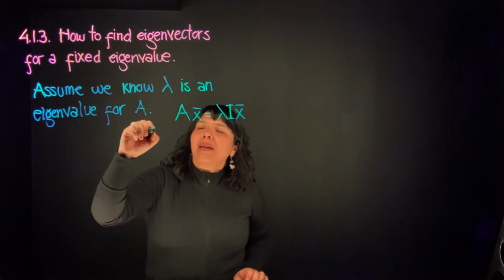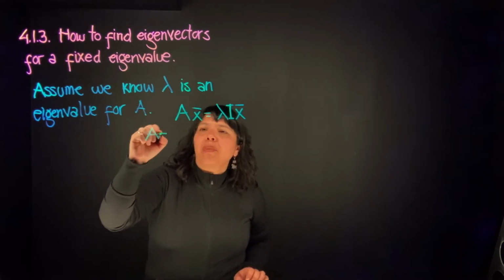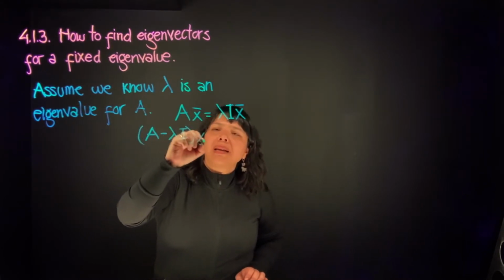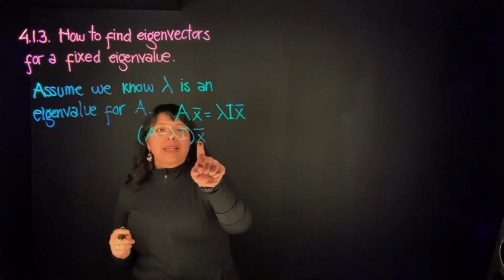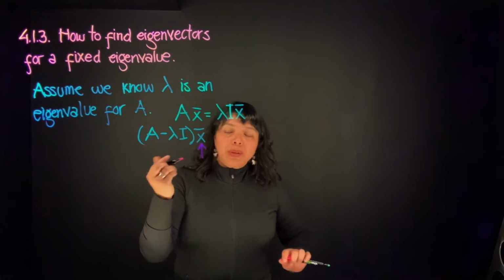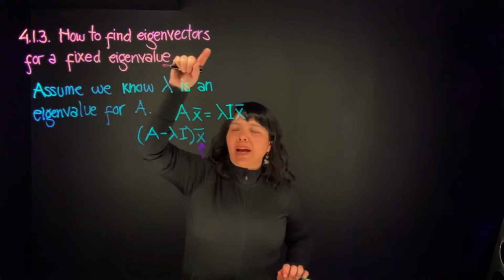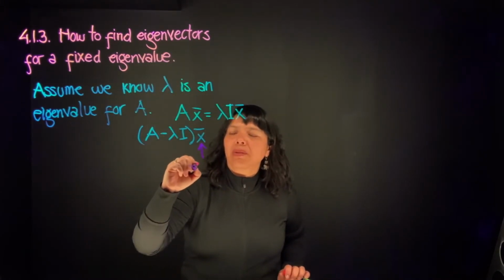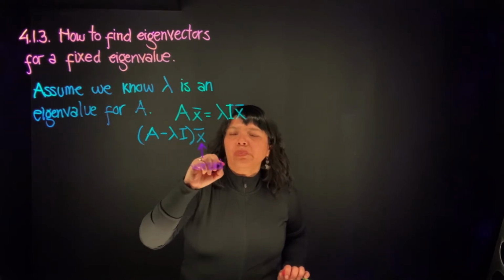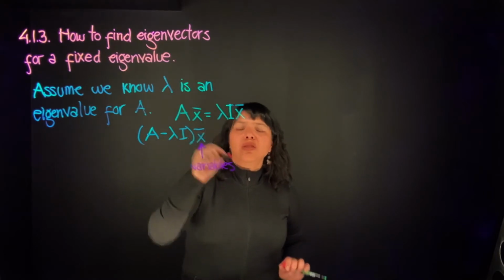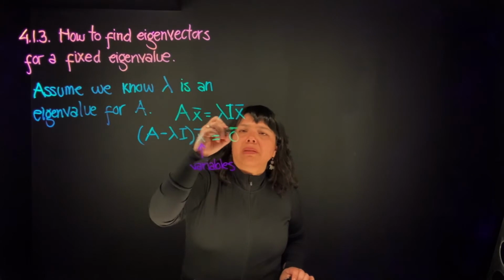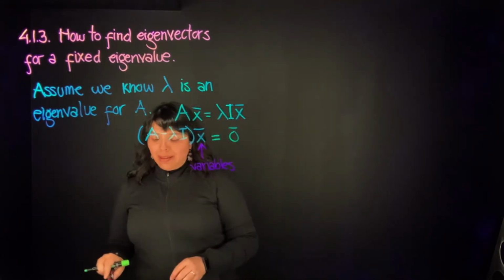So if I do that, I will get A minus lambda times identity, all of these multiplied by my vector x. Now this is going to be variables because I don't know my eigenvector, so this works as a set of variables or unknowns. This should be equal to the 0 vector. And this is where this technique comes from.